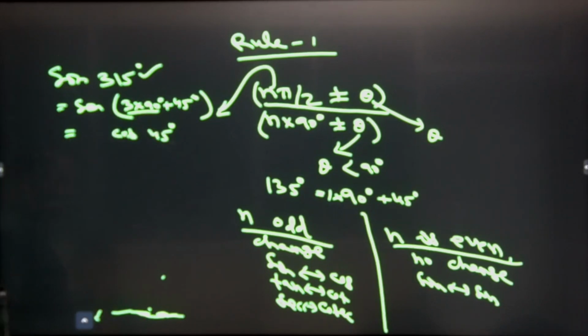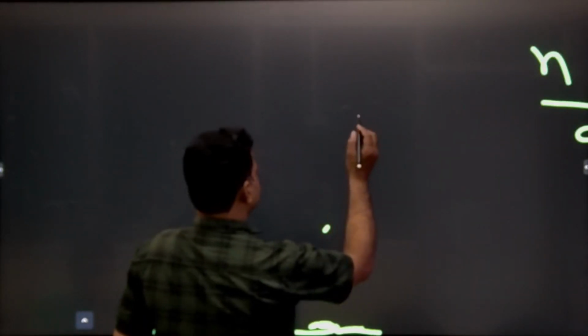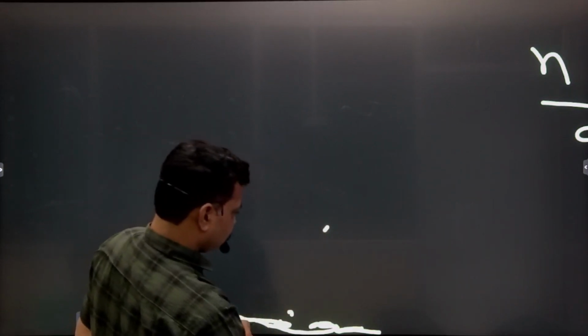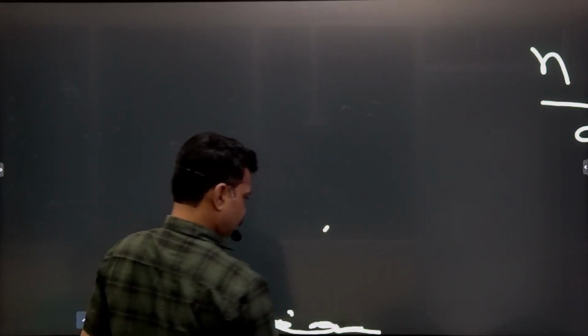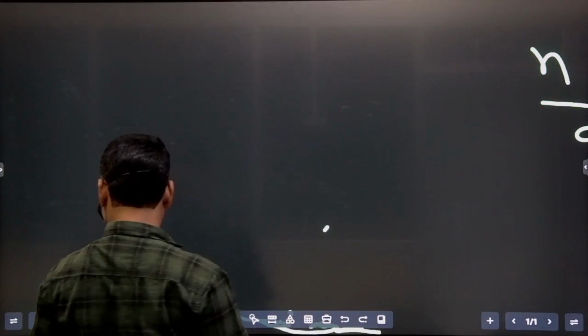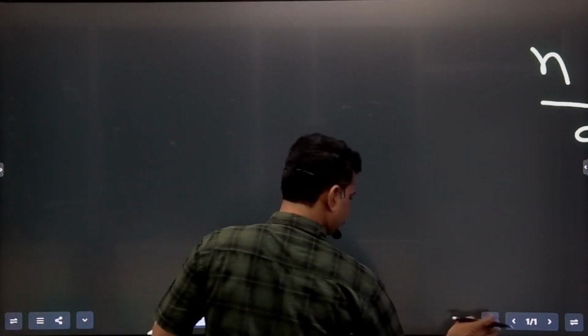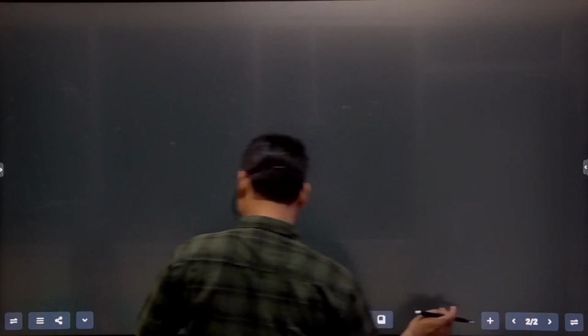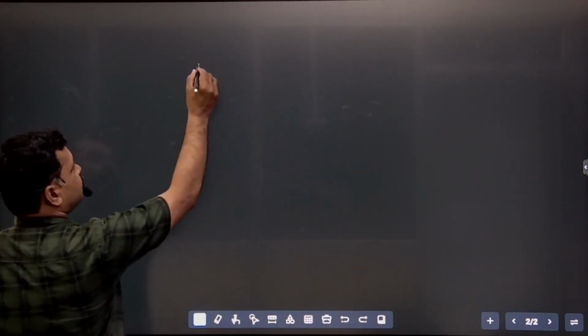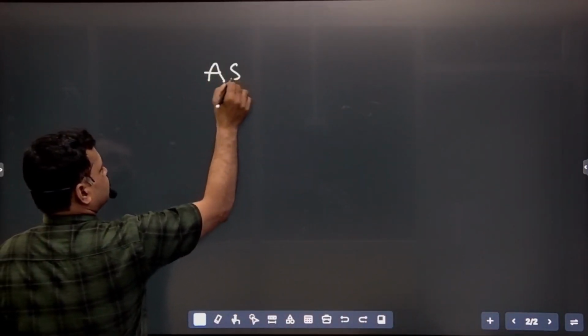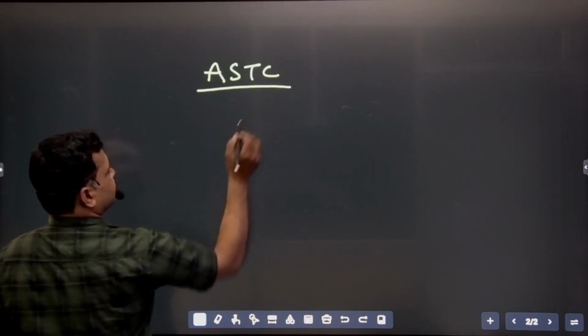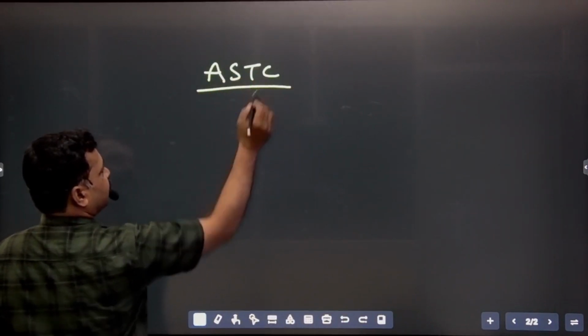Now the second rule is about the ASTC rule. So what it means? Now, After School, Tea or Coffee.